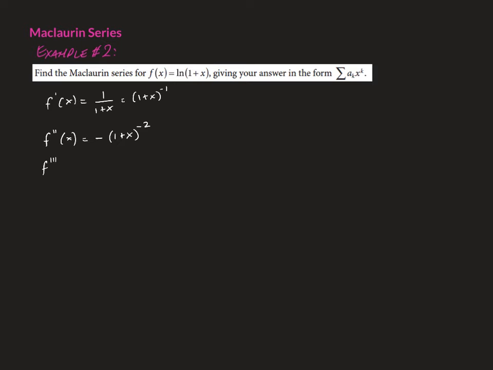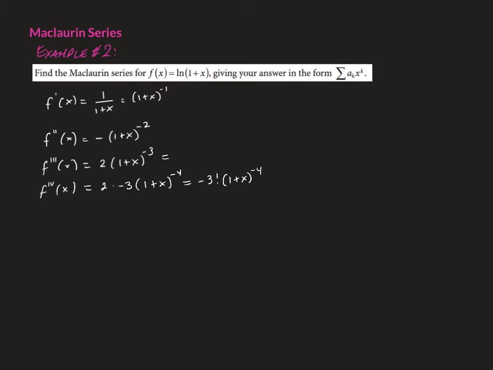Then the third derivative is 2 times 1 plus x to the power of minus 3. Then the fourth derivative is going to be 2 times minus 3 times 1 plus x to the power of minus 4, which I can write as minus 3 factorial times 1 plus x to the power of minus 4.